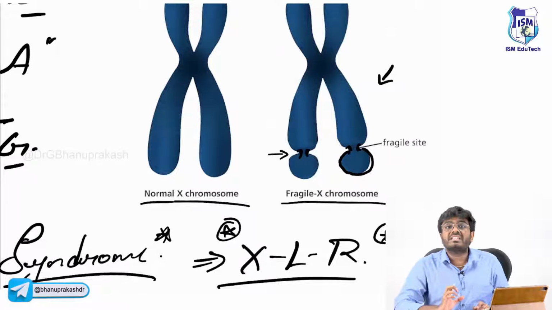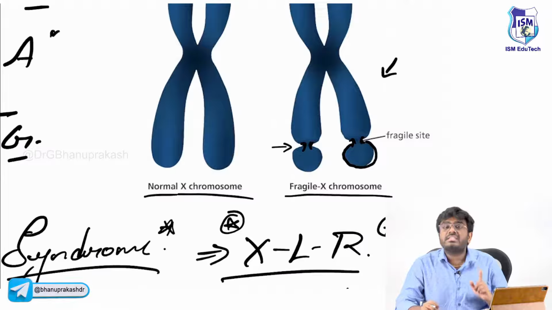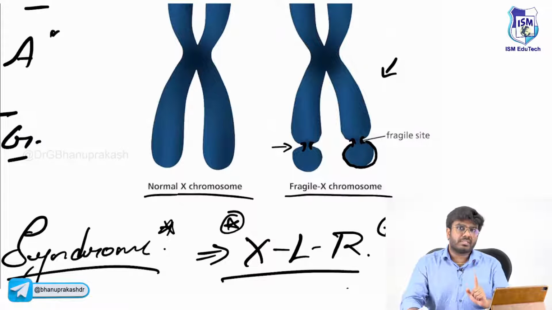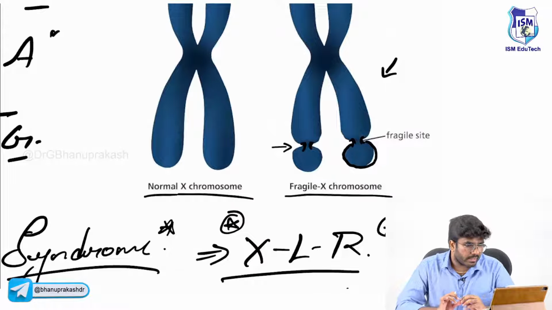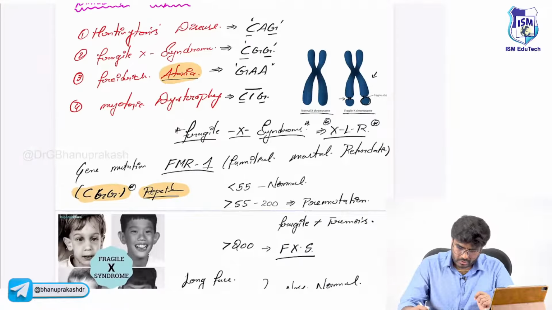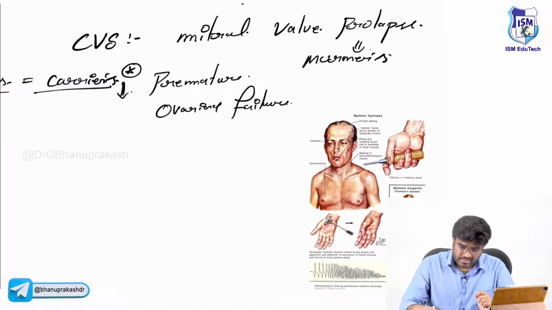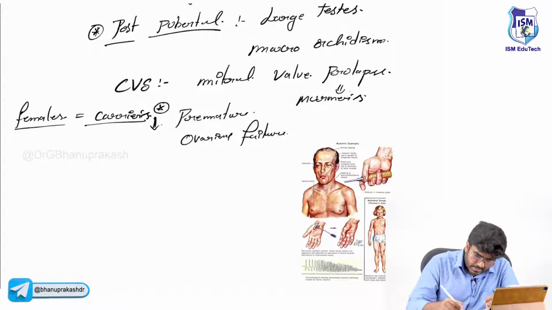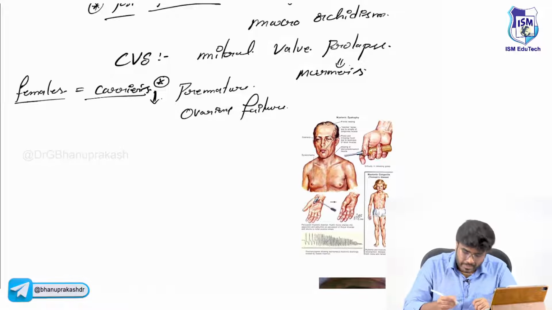So these are Fragile X syndrome, which repeats? CGG repeats. More than how many repeats? More than 200 repeats. In females, you can have premature ovarian failure. Now, after this, what else I want you to know is, let me write here, there is something called Sherman's Paradox.